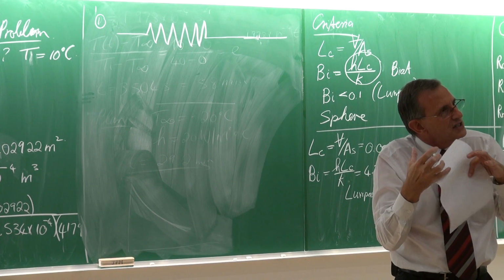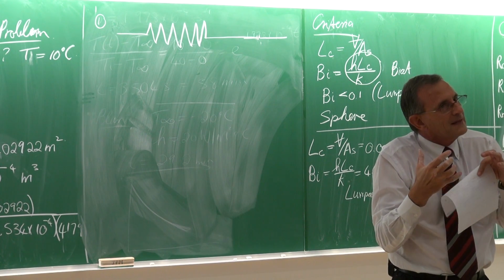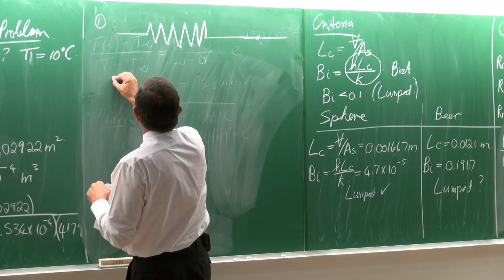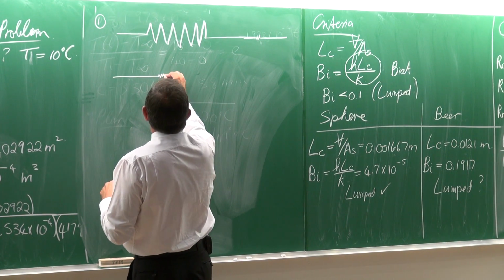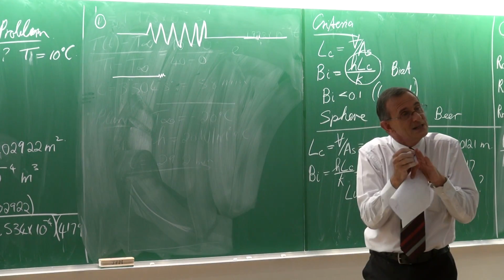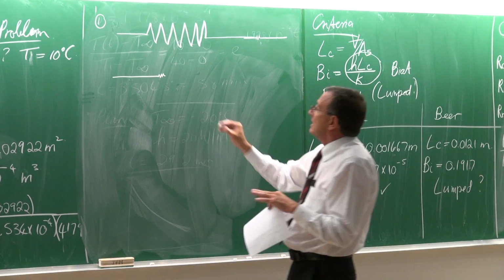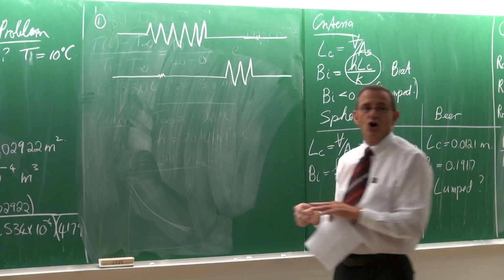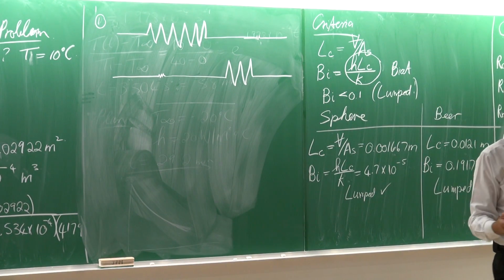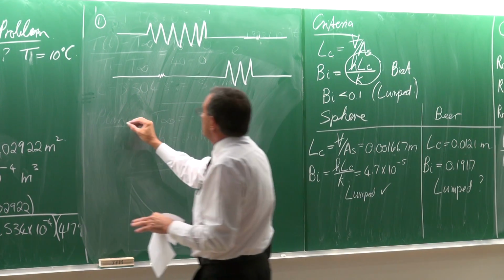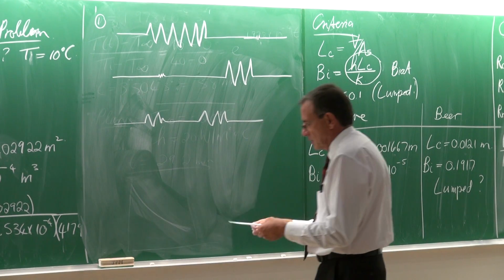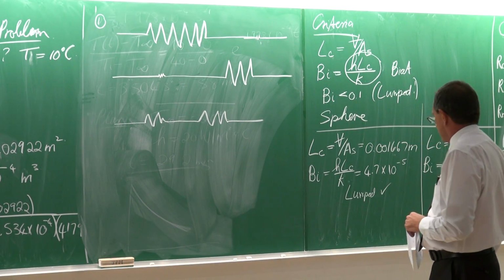The resistance inside the body is high and the heat cannot get through. The opposite problem is where the resistance inside the body is small, but the resistance of the convection is extremely large. Or then categories of problems where the orders of magnitude of these two are approximately the same.